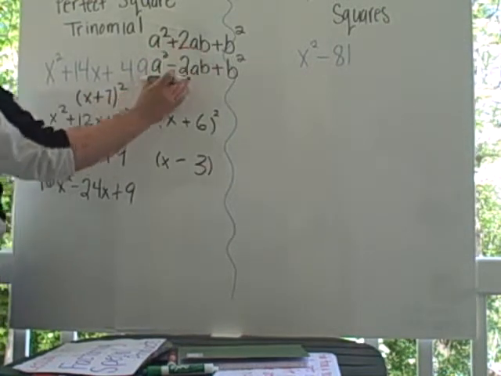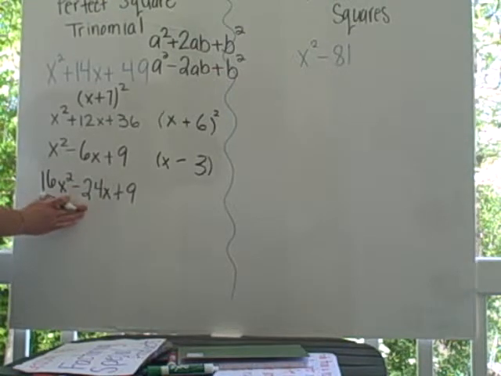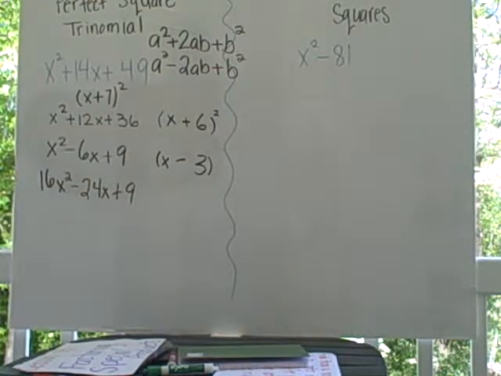If I do that and get this middle term 24 here, then I have myself a perfect square trinomial.